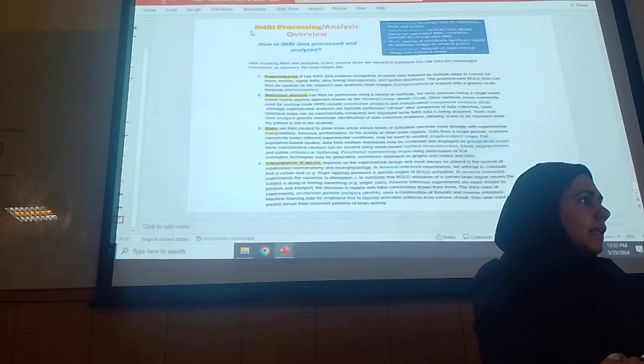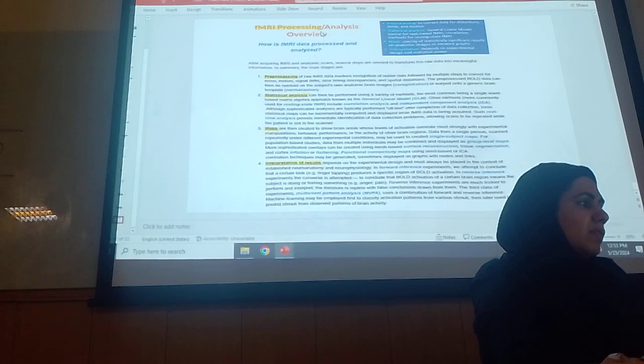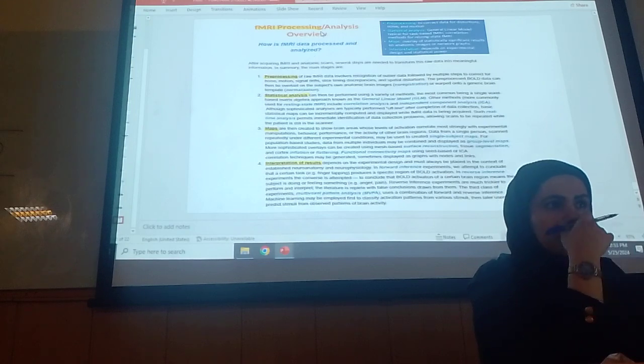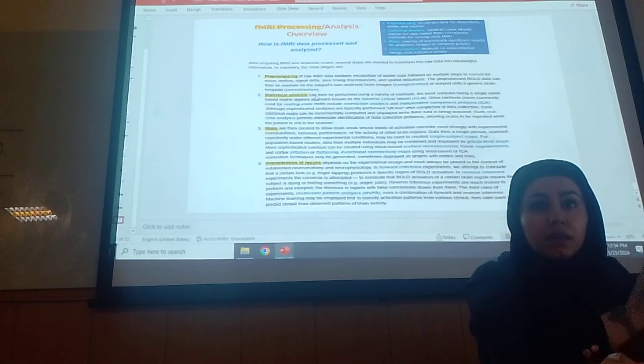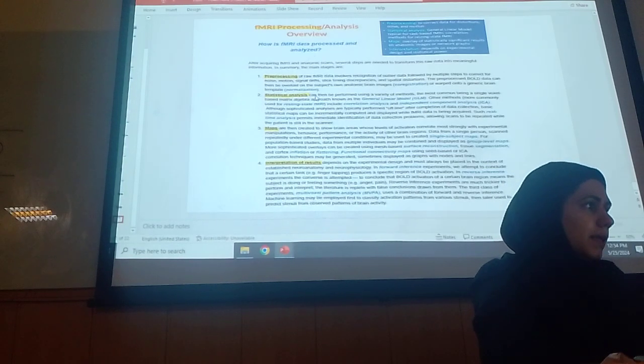And finally, we have different processing steps which are used to achieve the final color-coded image we saw. Okay? We have pre-processing, we have statistical analysis, complicated statistical analysis, very complicated.